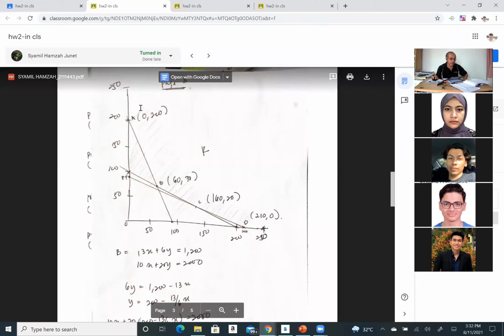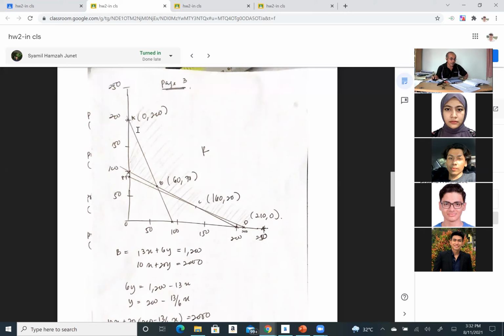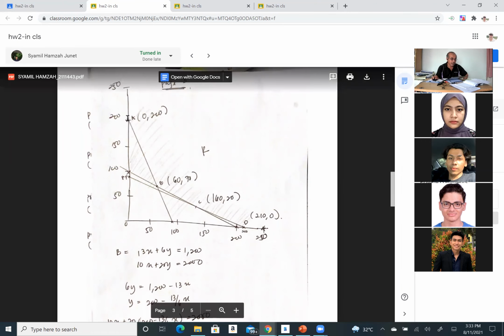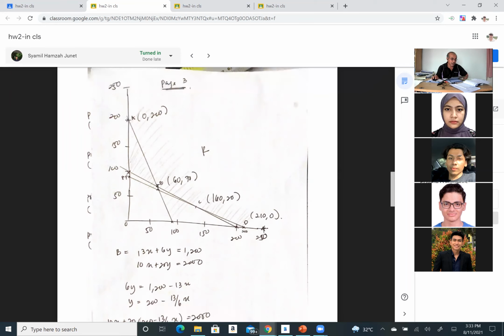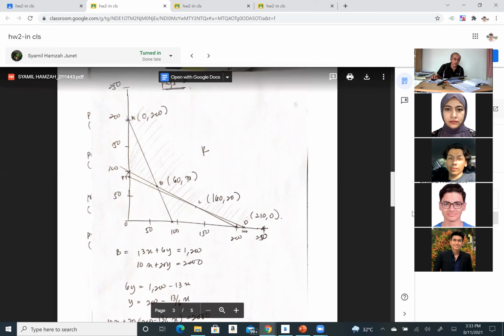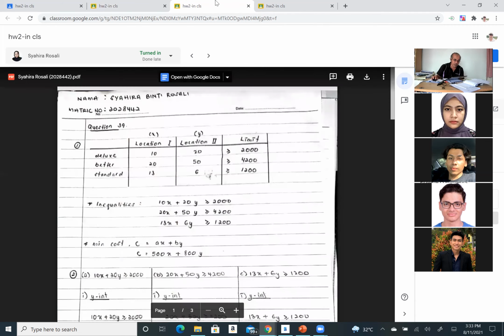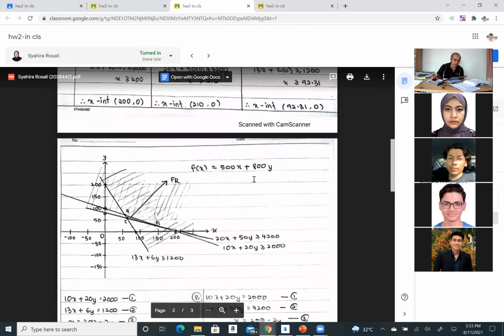But you have to label the feasible region. Now, what is the feasible region? The feasible region is the area bounded by this line, the y-axis, point A, point B, point C, and point D. If you have this graph wrong, I would like you to do the correction now on your paper.